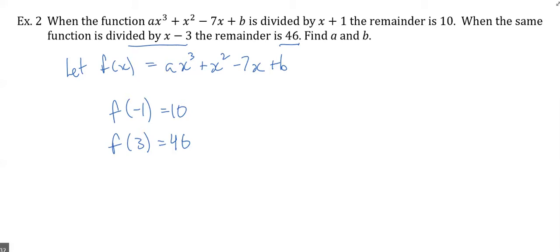The remainder being 10 tells me that f at negative 1 has to be 10. In the other examples, we could evaluate the function, but this one we can't because it's got an a and a b in it. We don't know what a and b are. In fact, that's our whole point, to find a and b. How can I use what we've written here to find a and b?